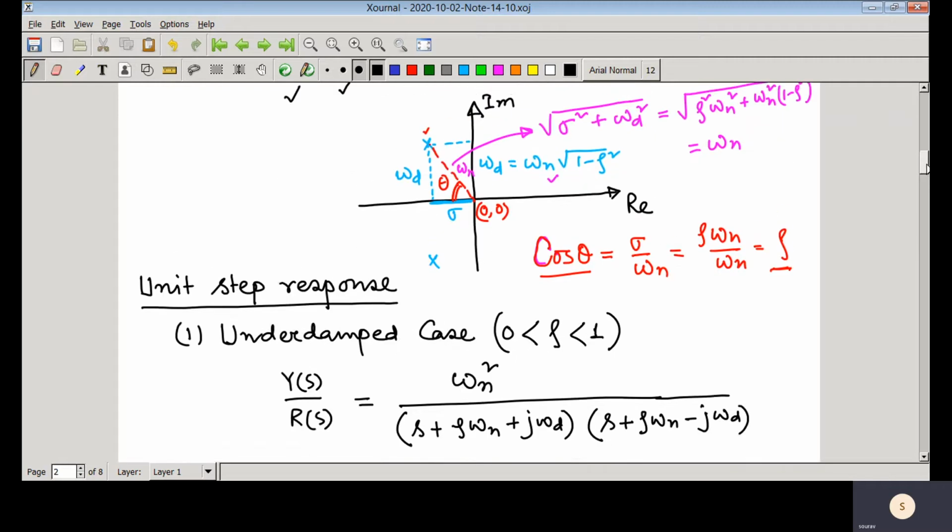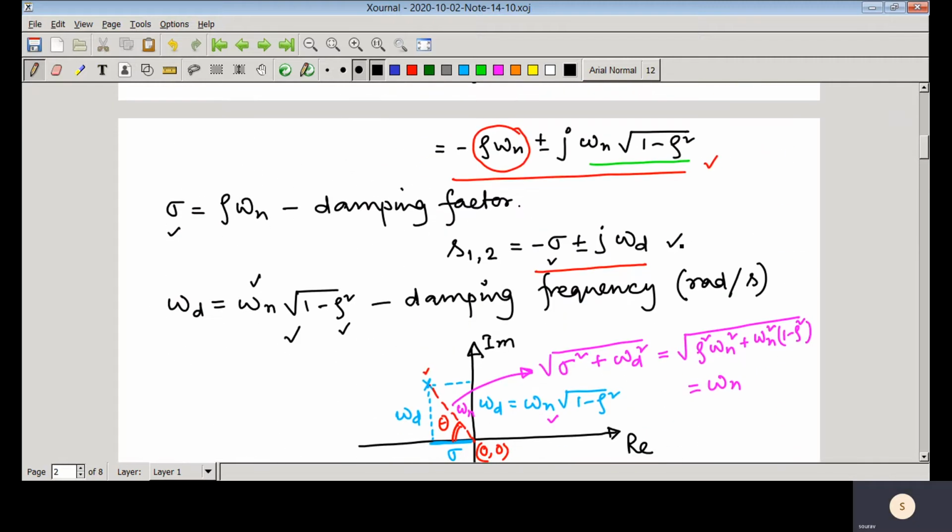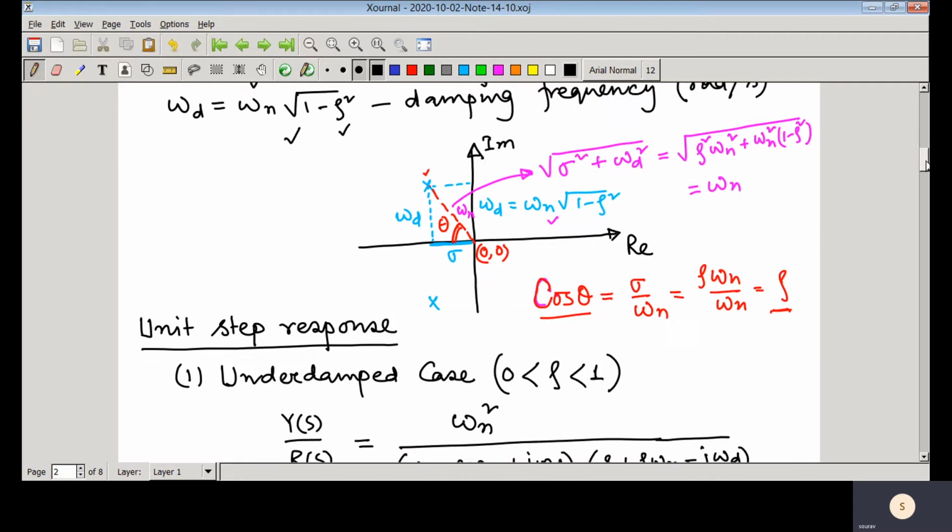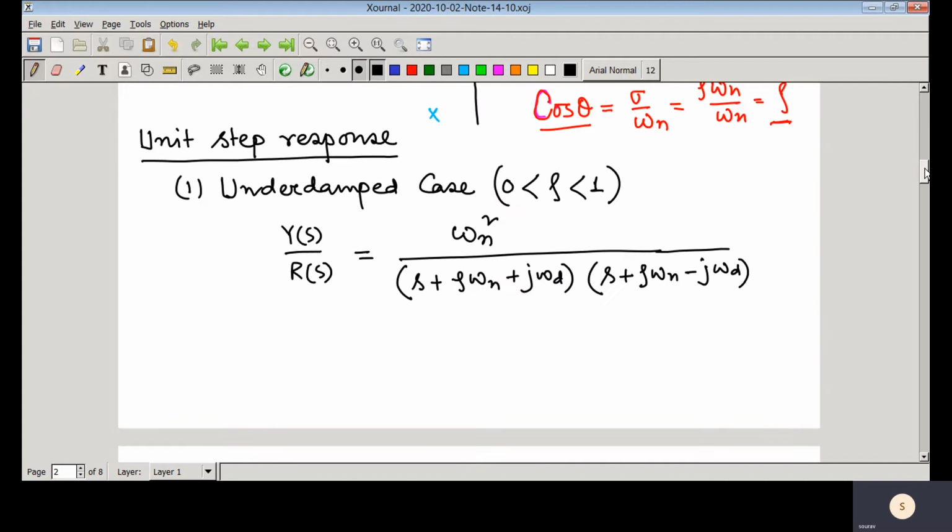Then we apply the unit step, that means R(s) equals 1 by s.